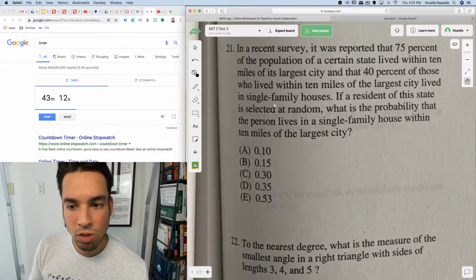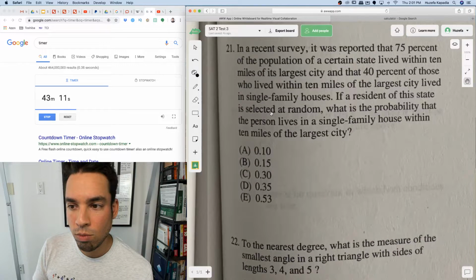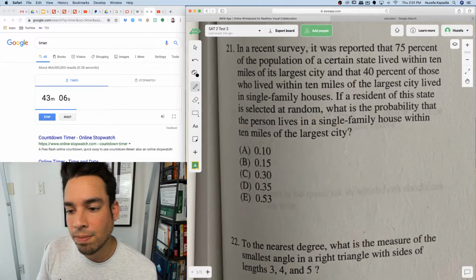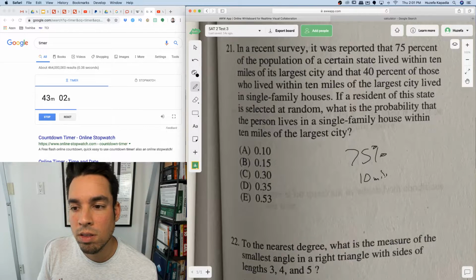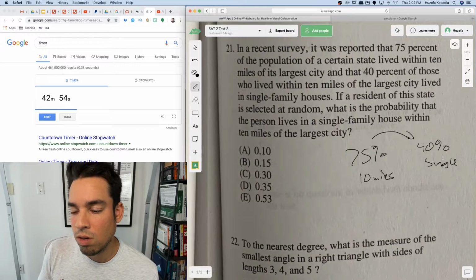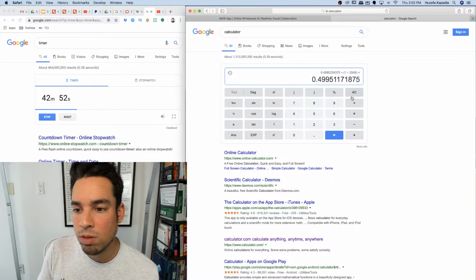In a recent survey, it was reported that 75% of the population of a certain state live within 10 miles of its largest city. Within 10 miles. And that 40% of these live in a single-family house. So, hold on, let me do that. 0.4 times 0.75 equals 0.3.